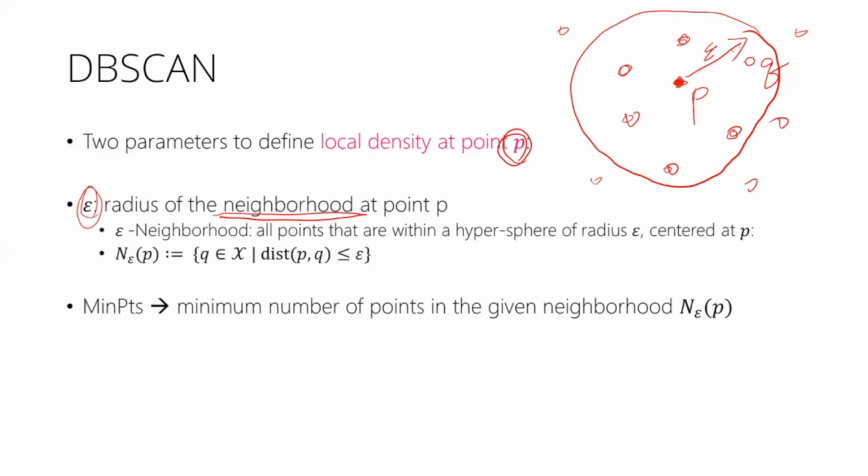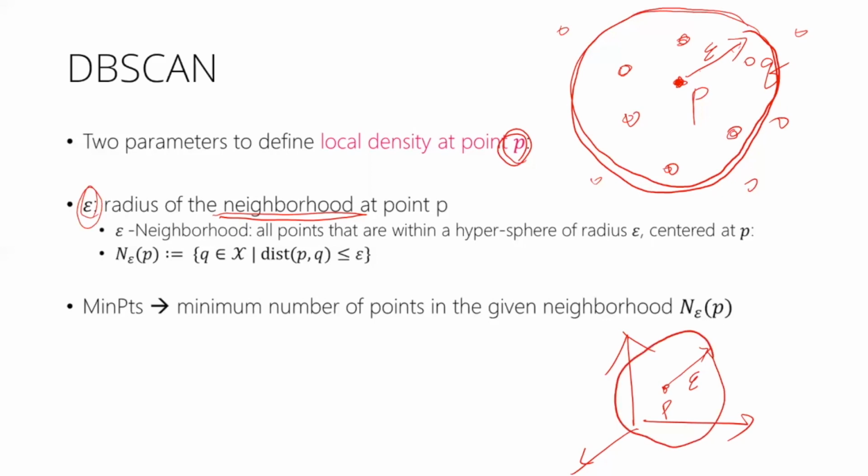Of course, in the two-dimensional space, this is just a circle. But if you go to a higher dimensional space, then it is not a circle anymore. If your data is distributed in the three-dimensional world, and you set an object around P that has the distance threshold epsilon, then you're going to see a sphere in three-dimensional space. Without loss of generality, in an arbitrary dimension D, we can consider a hypersphere.